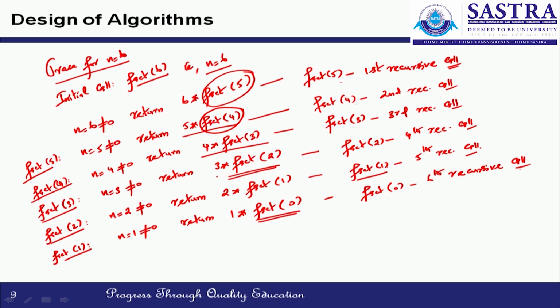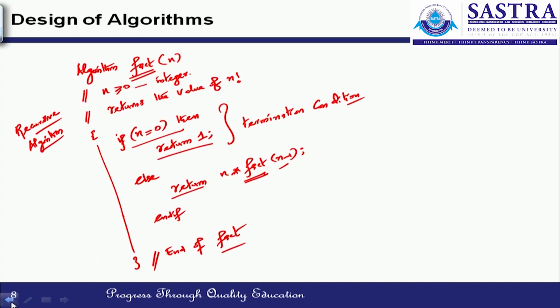To evaluate fact of 0, 0 is the actual parameter. The formal parameter n receives a value 0. In the conditional statement we check if n is equal to 0, then return the value 1.